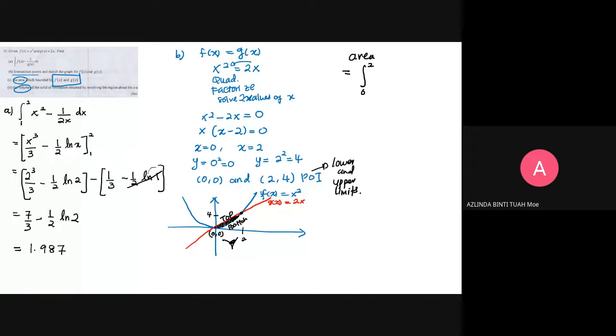Teruskan dengan dia punya function yang atas, the straight line 2x minus the bottom function which is the curve x squared, dx. Okay, I give you 1 minute to integrate the function and tell me the answer. Four over 3. Yes, 4/3. Thank you.